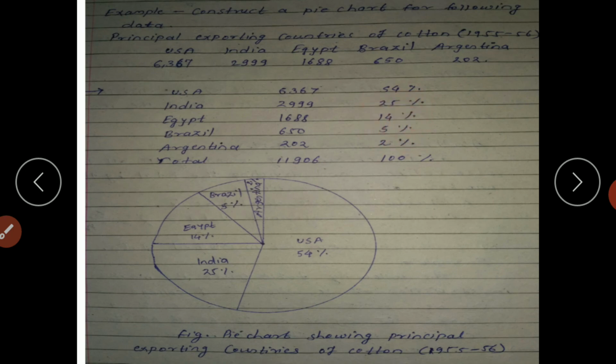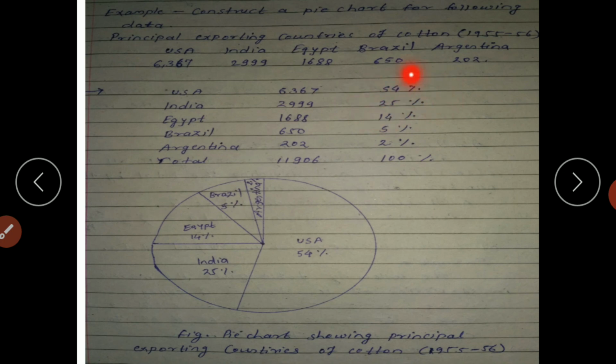If we take the example of USA, 6367 is divided by 11906 into 100, and by simple calculation we get this 54%. Similarly in the case of India, 2999 is divided by 11906 into 100, and then we will get this value, that is 25%.